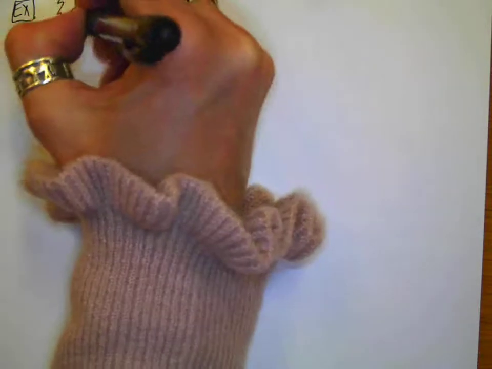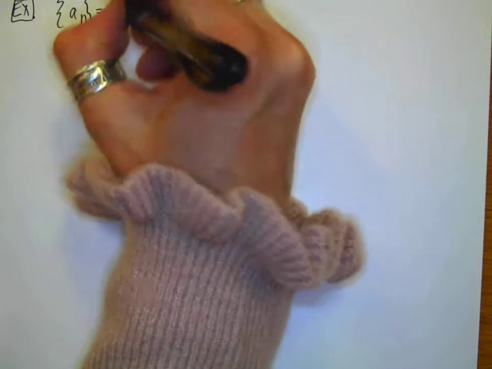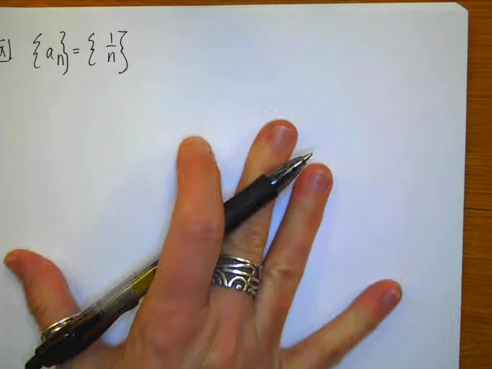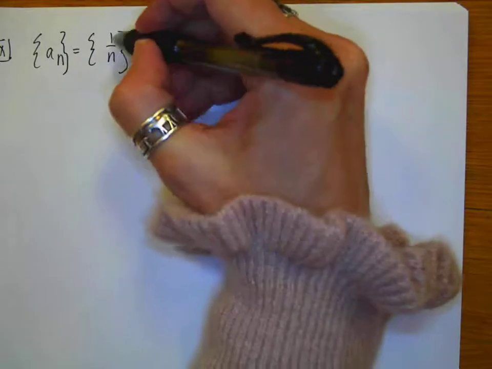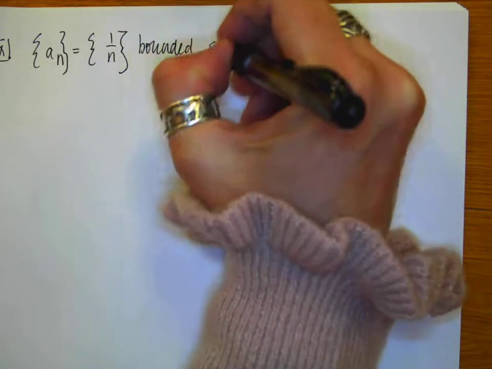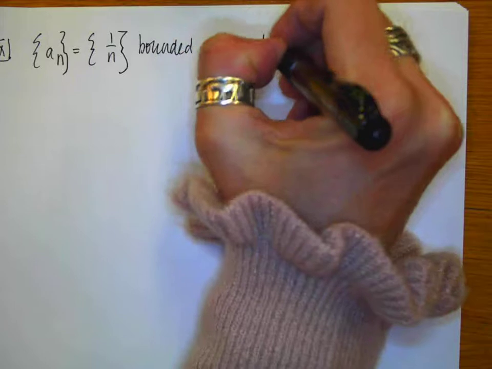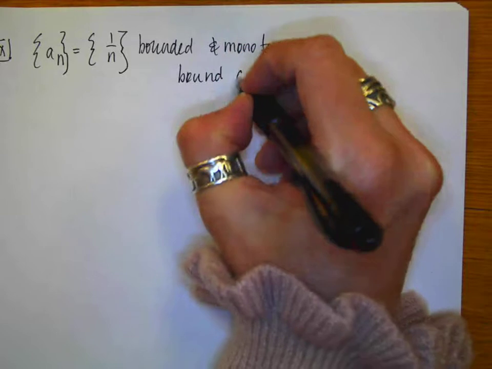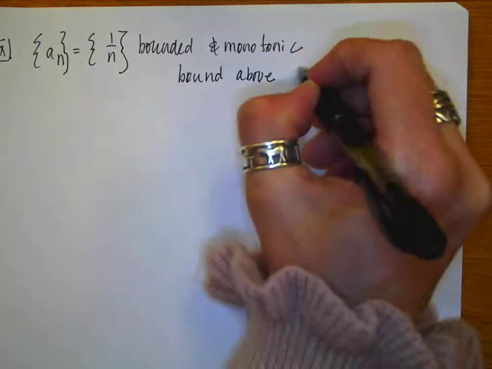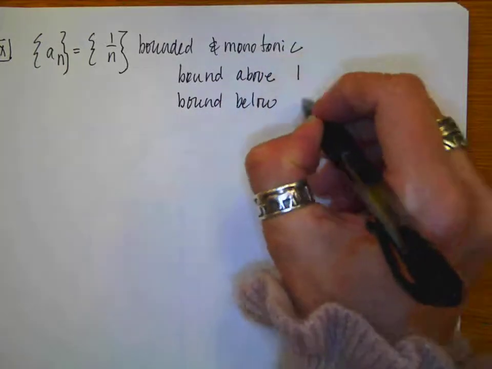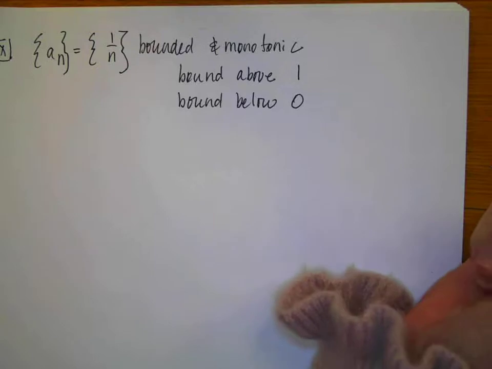Alrighty, so I just have a couple of examples that I want to show, and then we will be done for today. So the first example, I'm going to have a sub n is equal to 1 over n. Okay, so this particular sequence is going to be, if you think about 1 over n, bounded and monotonic. Okay, so it is bound above by 1, and it's bound below by 0.